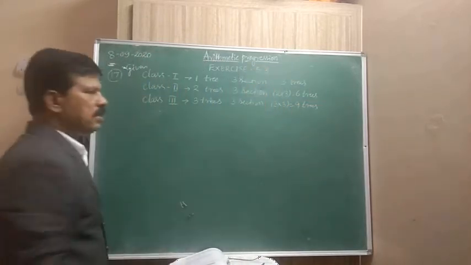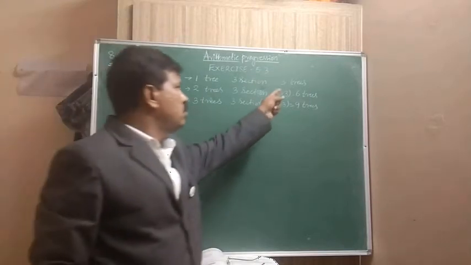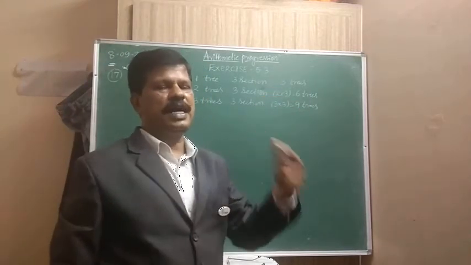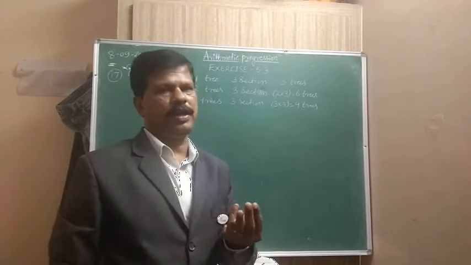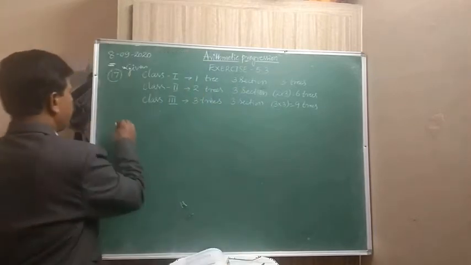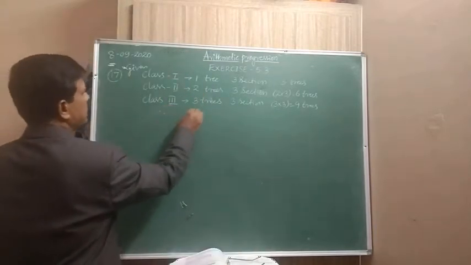So when you look at these numbers, they appear to be the multiples of 3, right? Therefore, it continues like this.